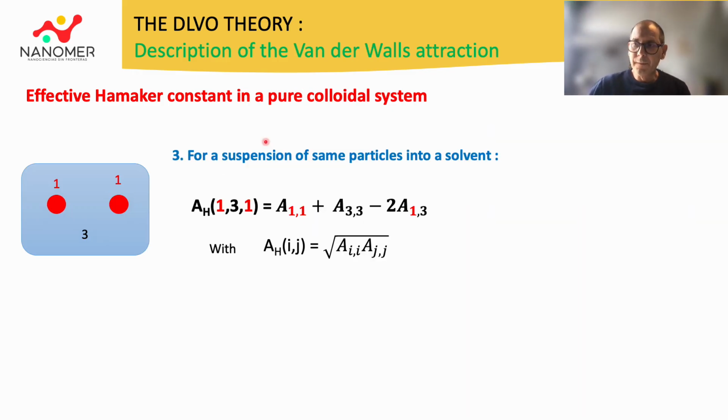Now, if you consider a common case of a pure colloidal system composed of a single chemical entity 1, in this case, the effective Hamaker constant is equal to the Hamaker constant of interaction between chemical entity 1 plus the Hamaker constant of interaction of the solvent minus twice the Hamaker constant of interaction between 1 and the solvent.